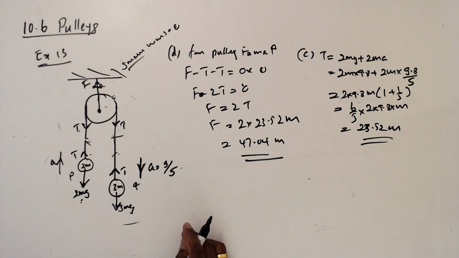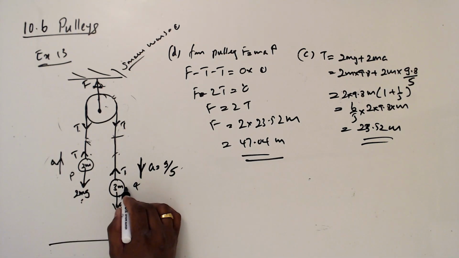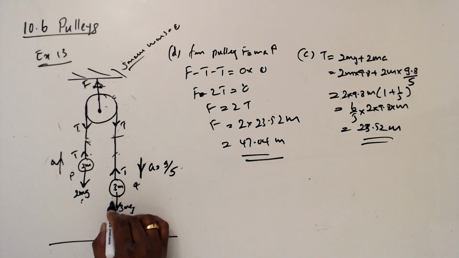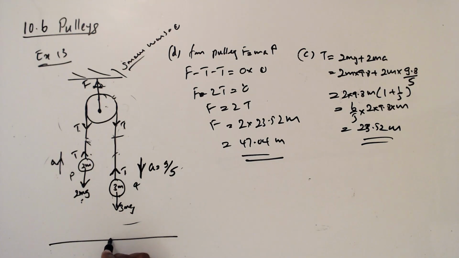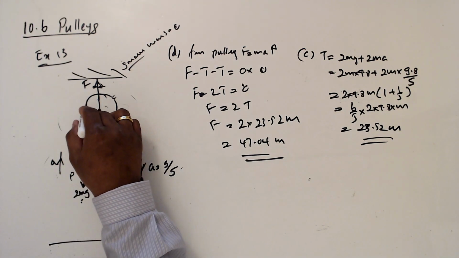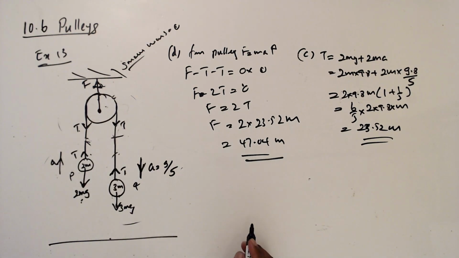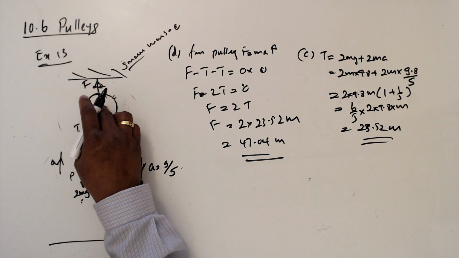Next question is find the distance moved by Q in the first 4 seconds, assuming P does not reach the pulley. For example, now this is starting to come down, and do you feel that this will go and get stuck on the pulley? To avoid that thinking, they have given that assume that P does not reach the pulley.